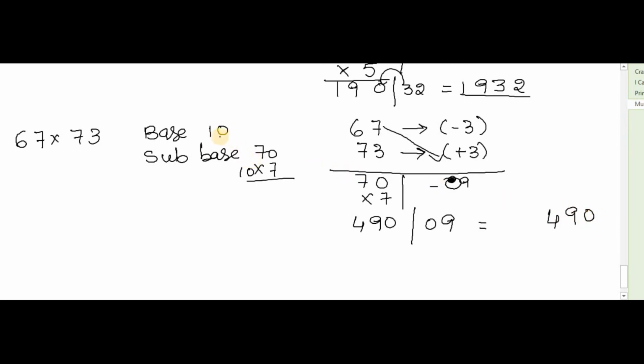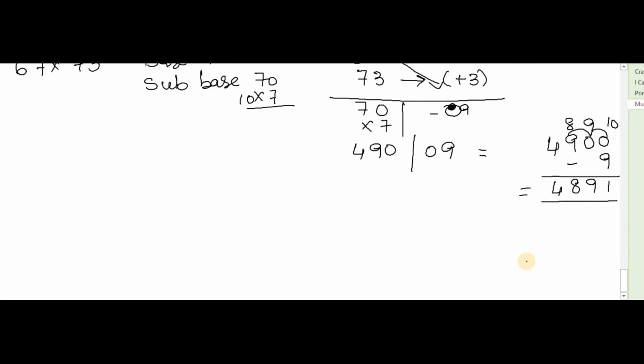Why? Because my base is 10 and that is the reason. 1 0 I'll add here, minus 9. So from here we'll give borrow 10, 9 and 8. 10 minus 9 is 1 and 9 will come, 8 will come, 8 4. So the answer is 4891.